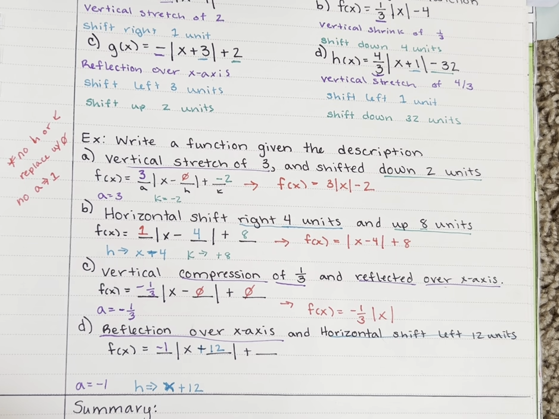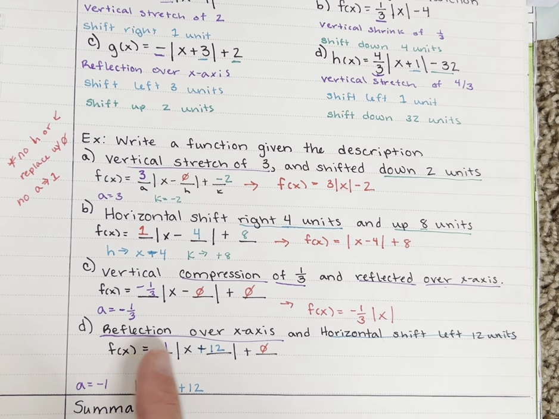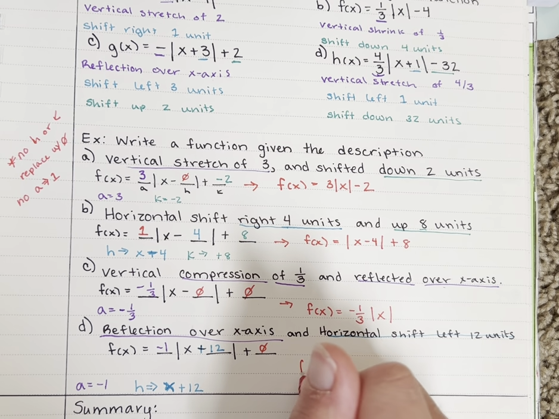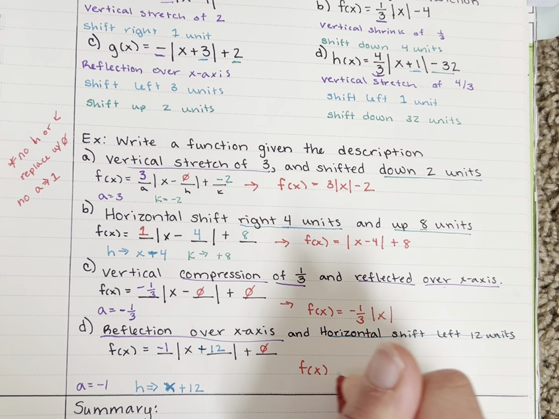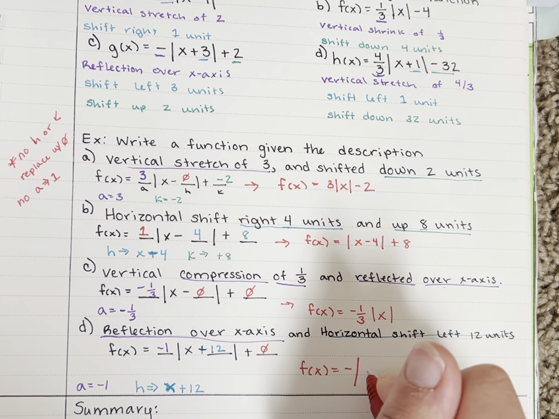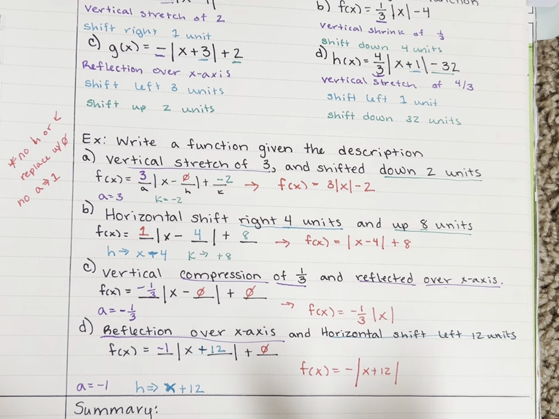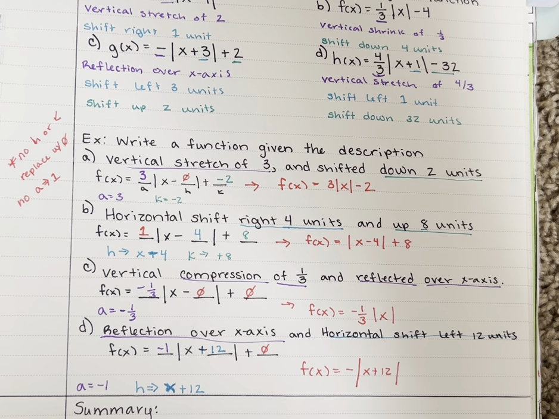And then I'm not going up or down. So simplifying this, I don't need to put negative 1, I just need to put the negative symbol. So f of x is equal to negative absolute value of x plus 12, because no plus 0. All right, and that is how we're going to be identifying transformations and writing equations for transformations.